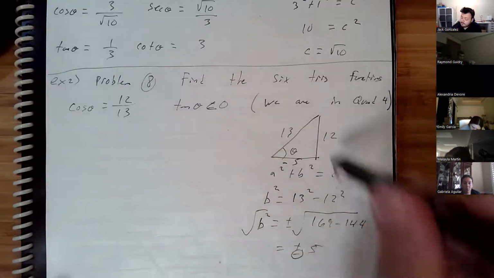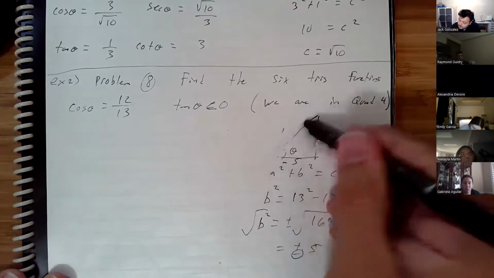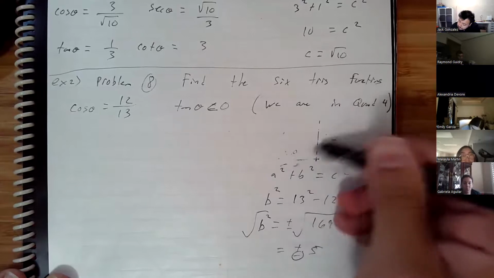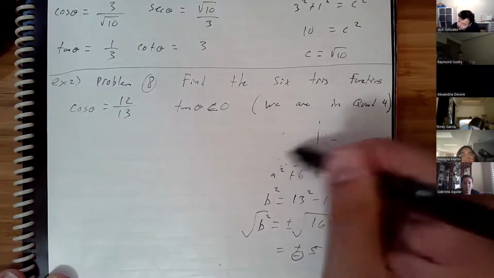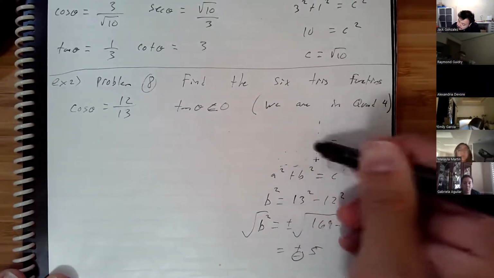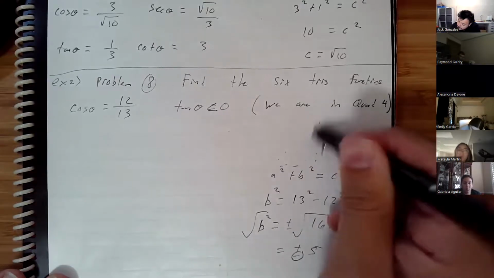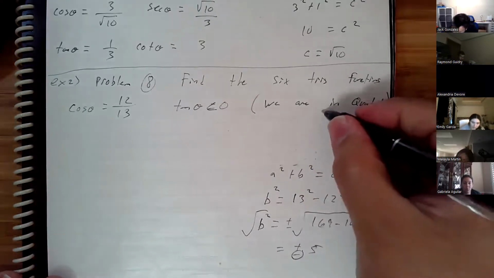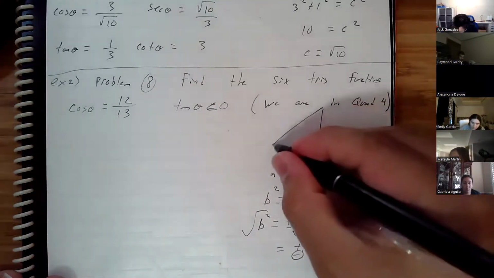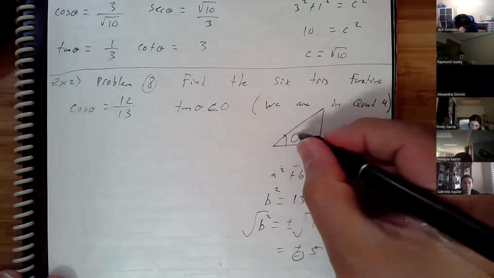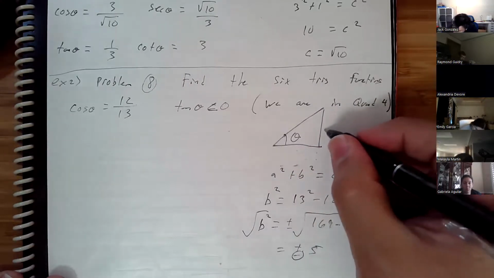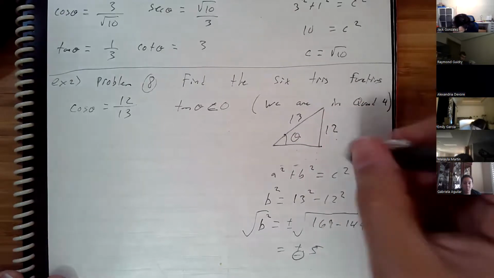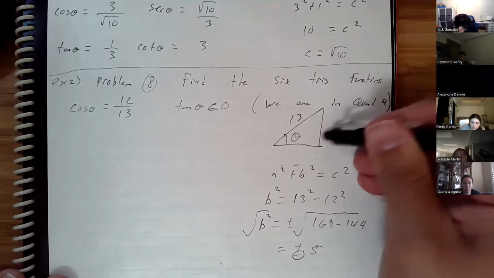I think I messed that up. Let me draw this again. Cosine is adjacent.